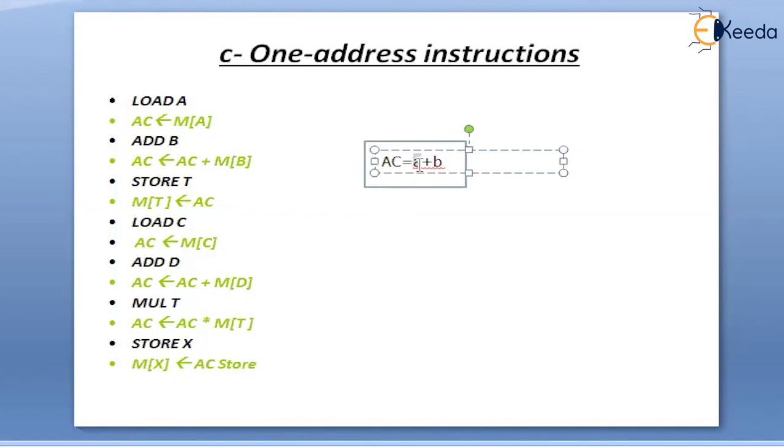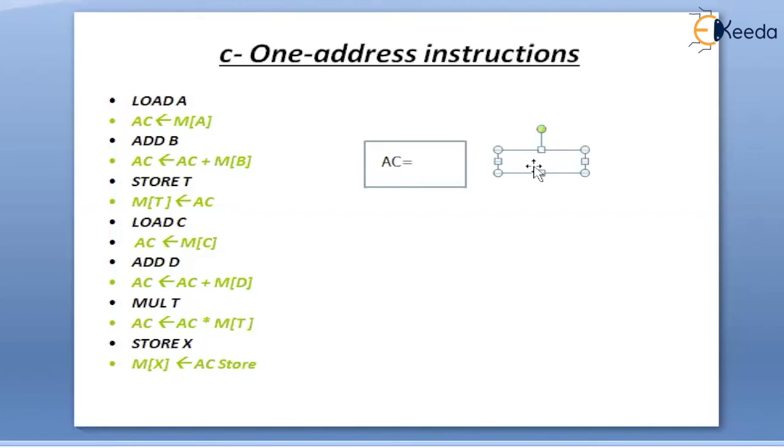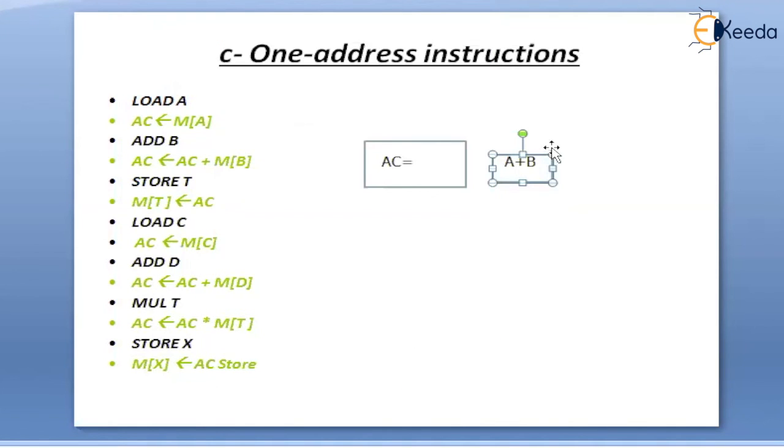So this A plus B, let us say, is available in one variable X. This is X, this is T, let us say.